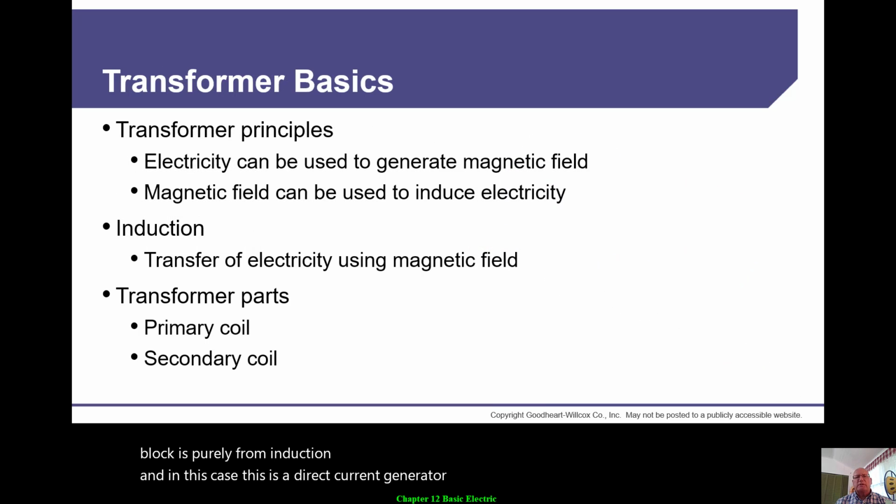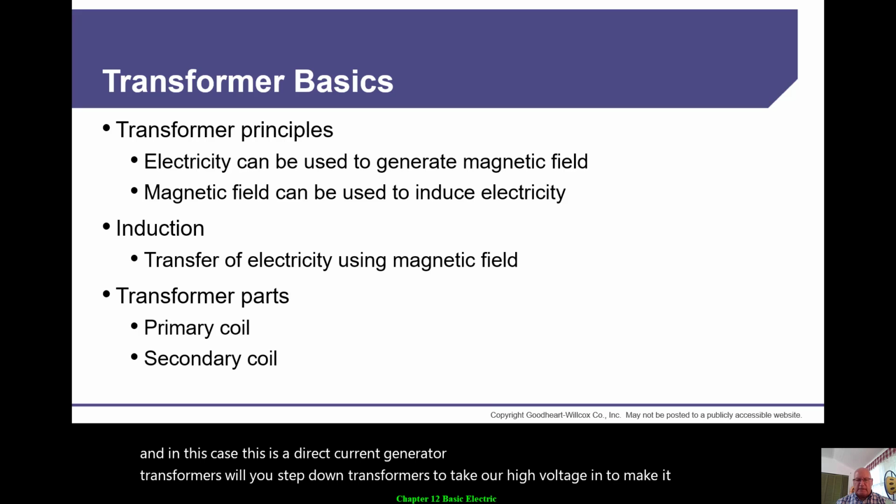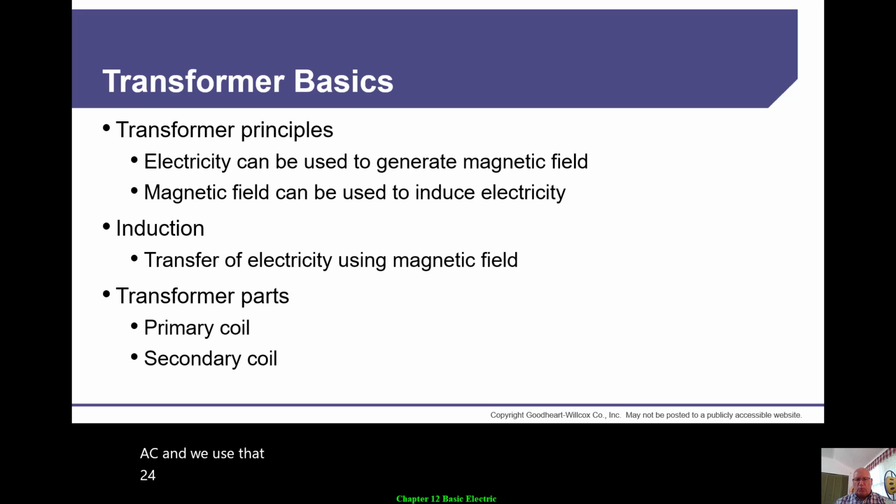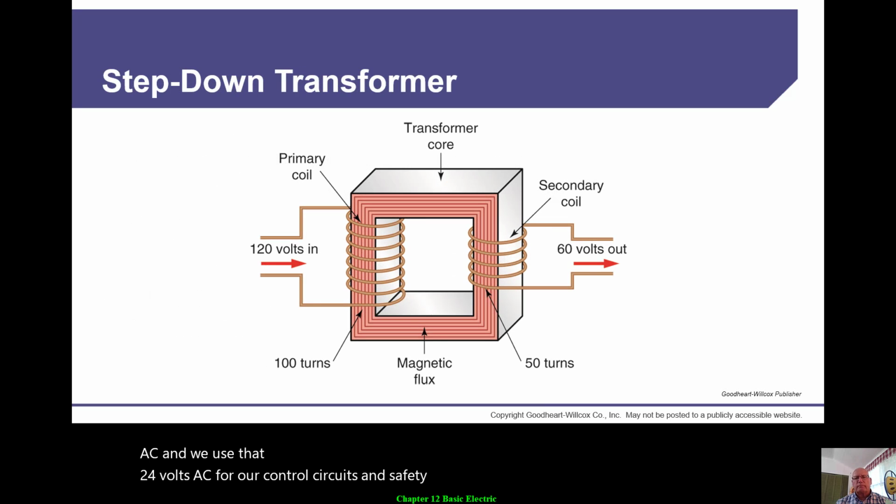Transformers. We use step-down transformers to take our high voltage and to make it into 24 volts AC, and we use that 24 volts AC for our control circuits and safety circuits. This is what a step-down transformer looks like.